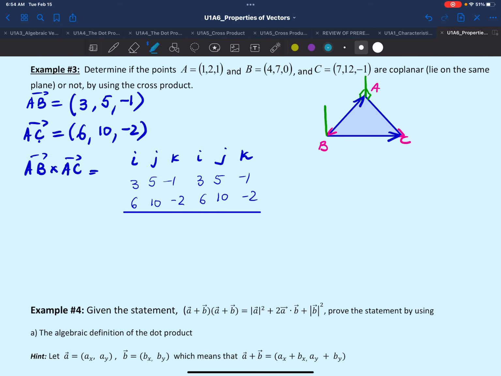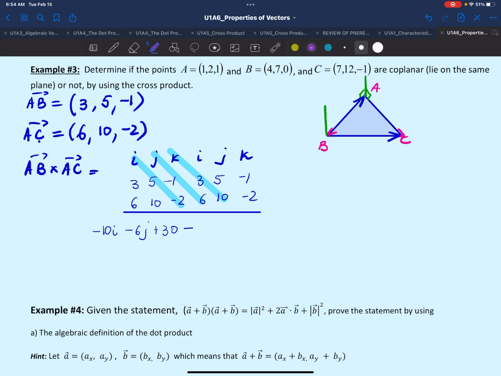So start with down products first, which means we have 5 times negative 2, negative 10i. Negative 1 times 6, negative 6j. 3 times 10, 30k. Subtract.